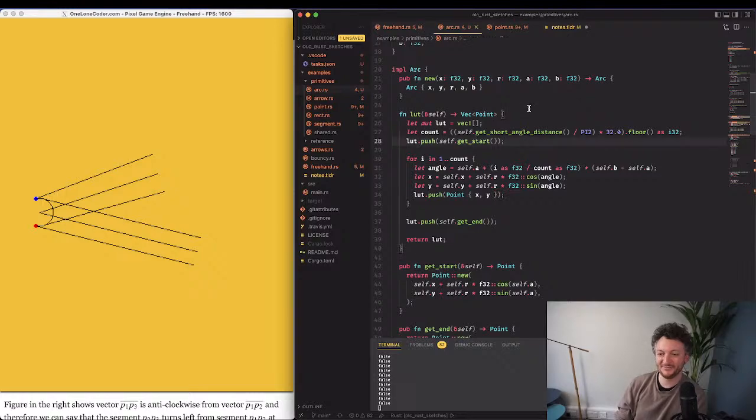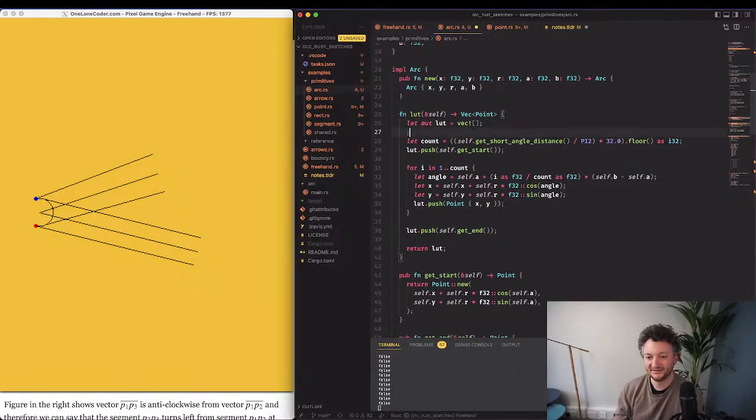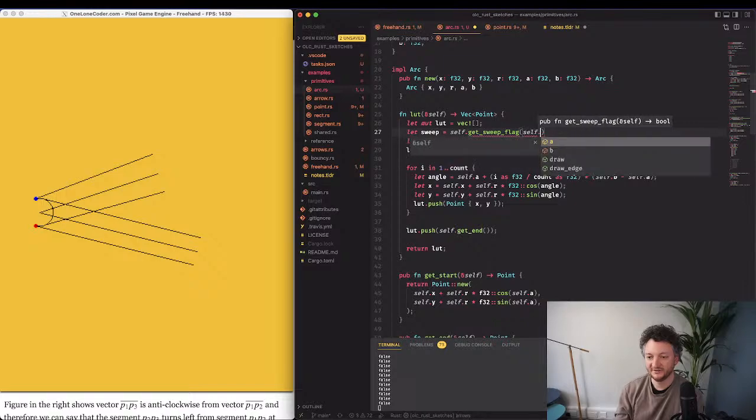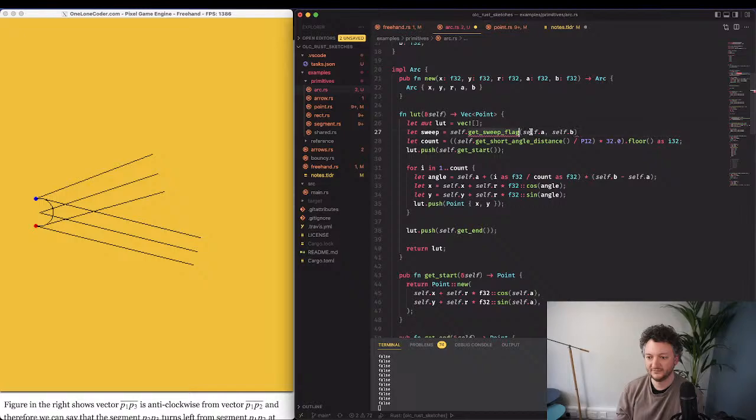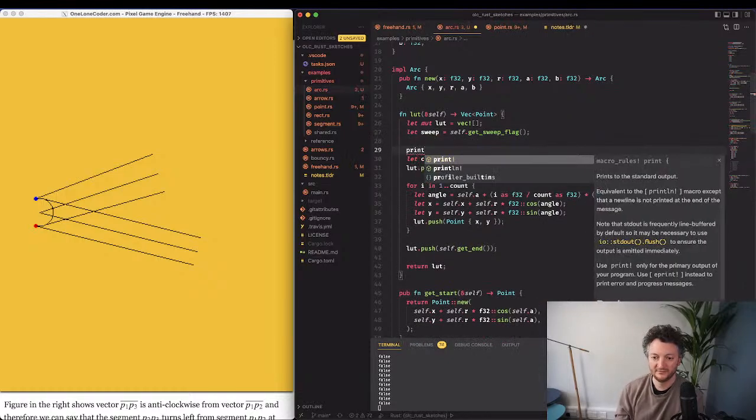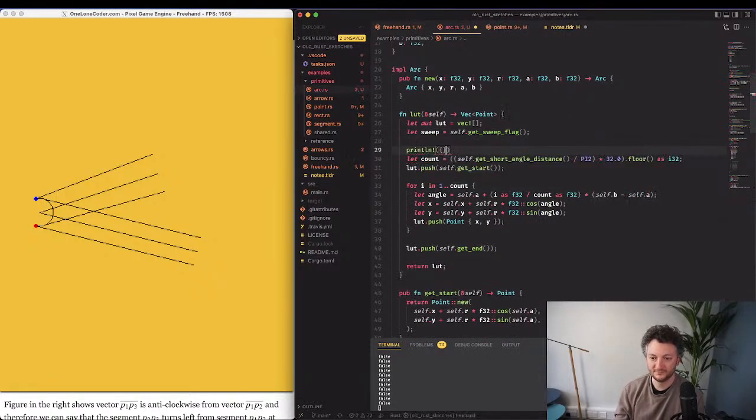Damn, there are so many compounding problems here. First off, okay, let sweep is self.get_sweep_flag, self.a, self.b. Or no, just get sweep flag. Let's see. Print line sweep.